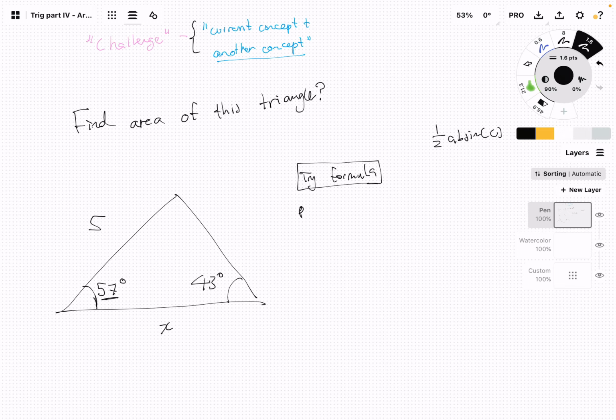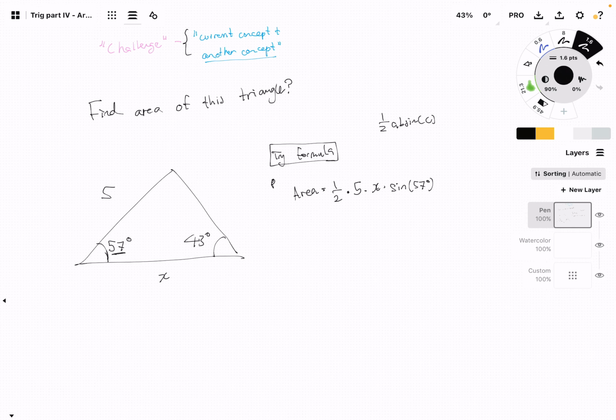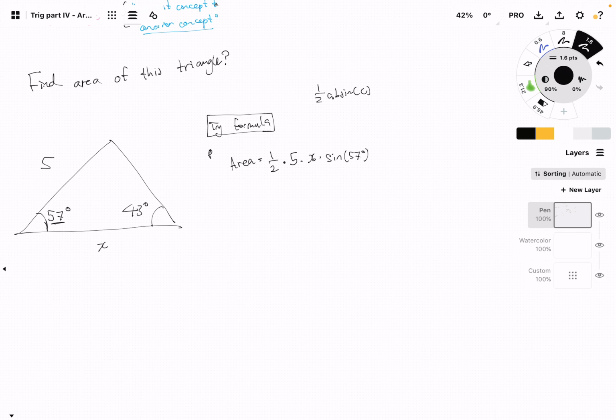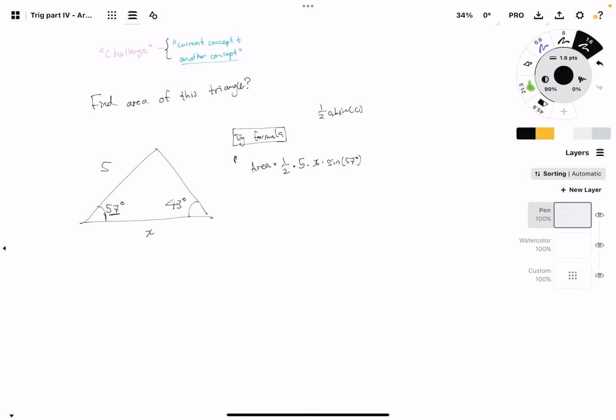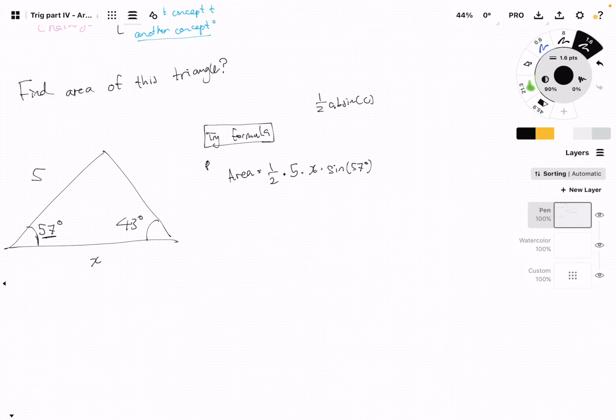Let's call the side X. The area would be half times 5 times X times sine 57. And well, we don't know X, problem.